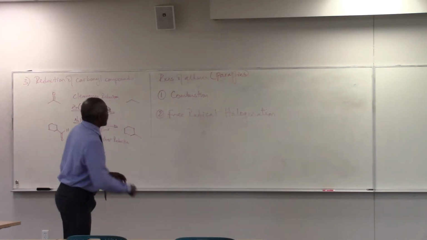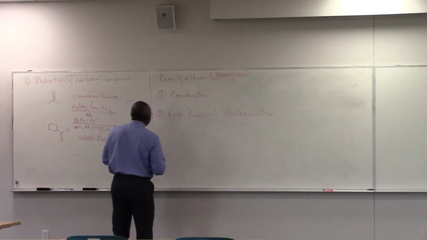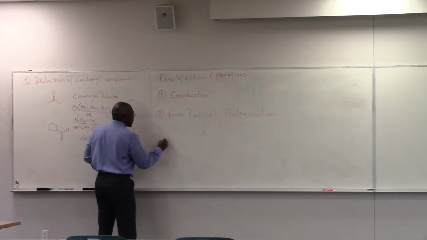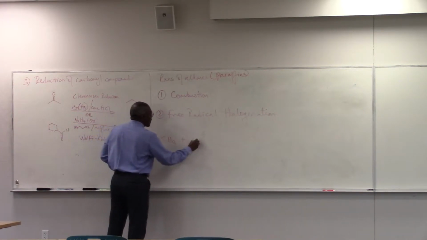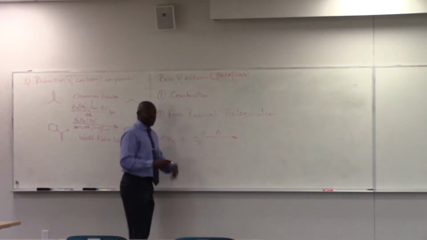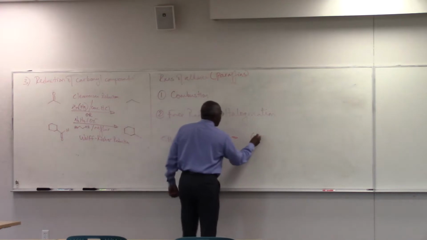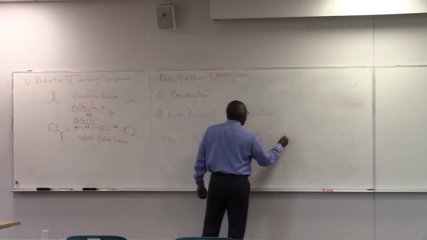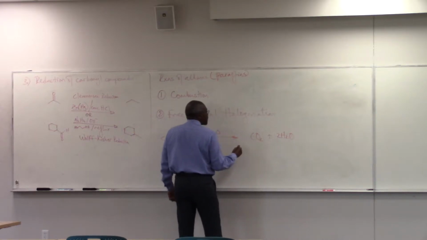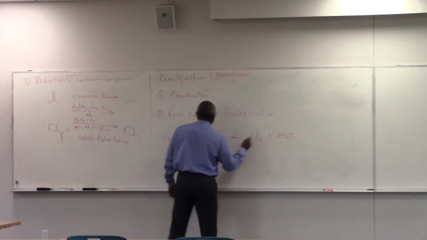So fundamentally then, if I look at combustion, I can take, for example, methane, and methane burns in the presence of oxygen, right? You require some sort of spark, and you get carbon dioxide plus water. And if I were to balance the equation, I'll get two waters, so that's going to be 2 O2.